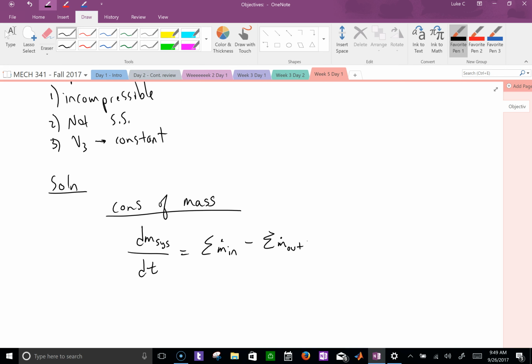The left-hand term, this dm/dt, that system is the tank mass. So the rate at which this is changing has to do with what's coming in and going out, right? And you have to write it in differential form because you want to find an instantaneous mass change with respect to time. You don't want to find an average, because this gives you a more appropriate solution.